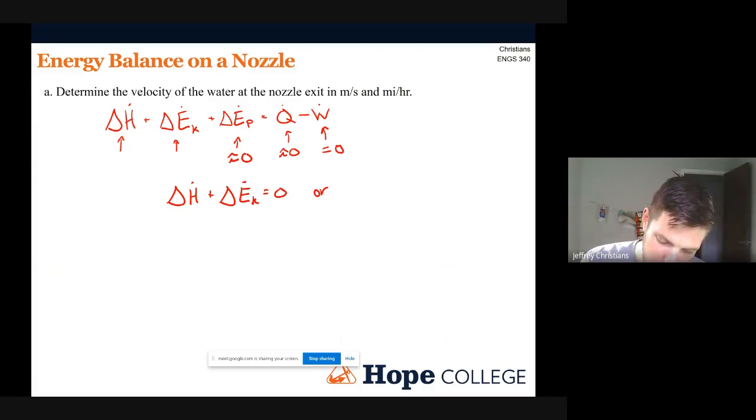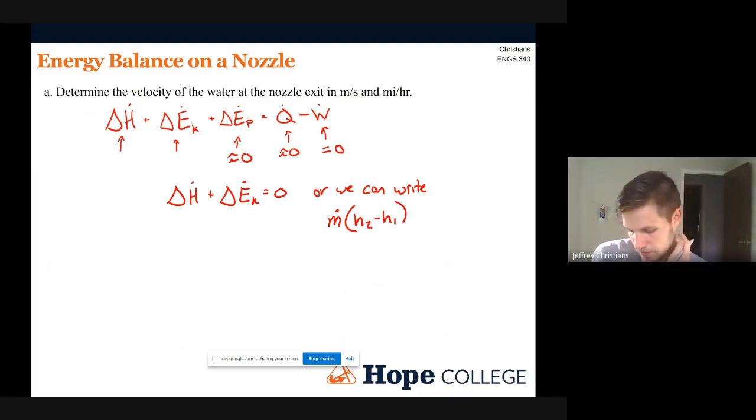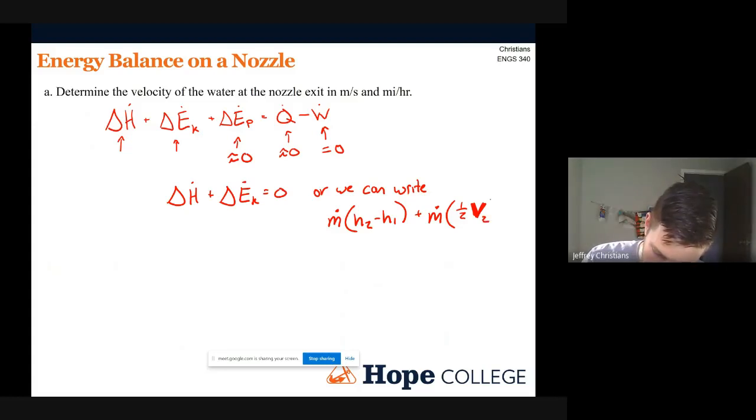Or we could write that, we can expand delta H as our enthalpy out minus our enthalpy in times the mass flow rate, plus, again, mass flow rate times 1/2 V2 squared minus 1/2 V1 squared.